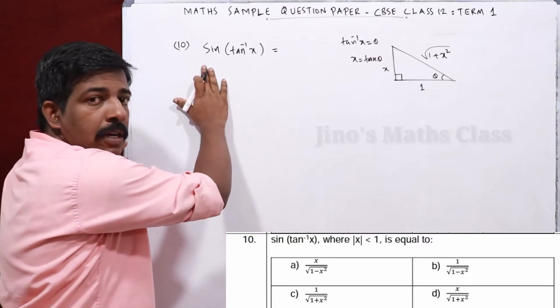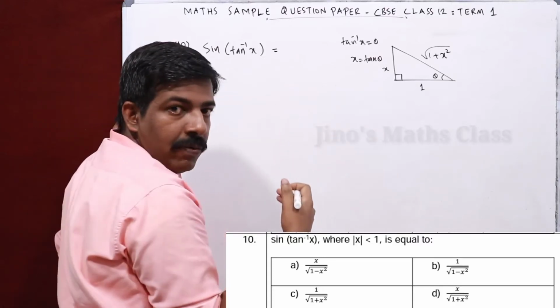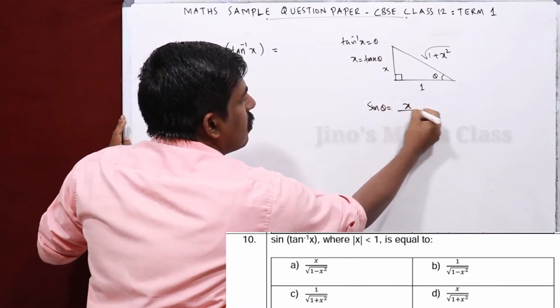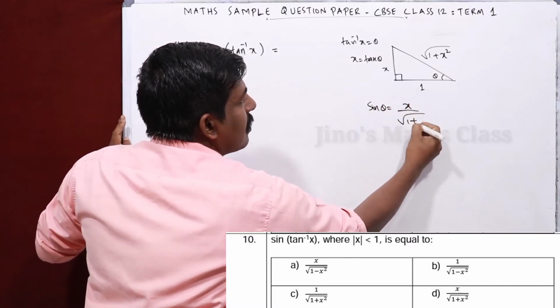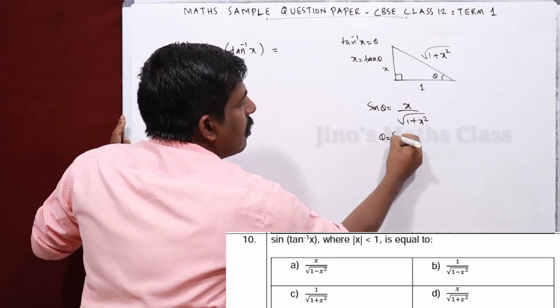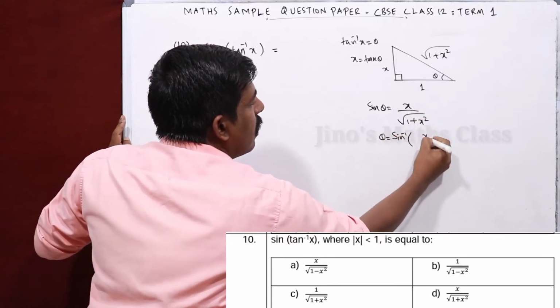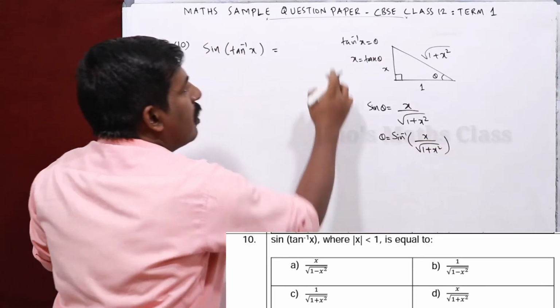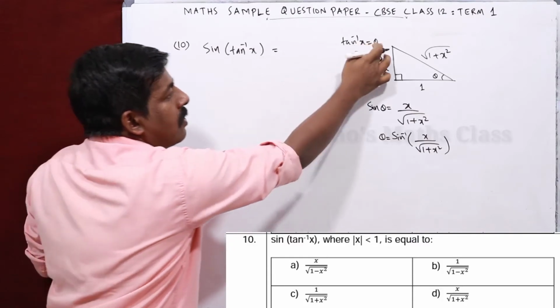Outside it is sine, so we have to get a sine inverse, right? For that we can find sine theta. What is sine theta? Opposite by hypotenuse. So we will get x divided by root of 1 plus x square. So theta is sine inverse of x divided by square root of 1 plus x square. Here tan inverse x we substituted as theta, correct?